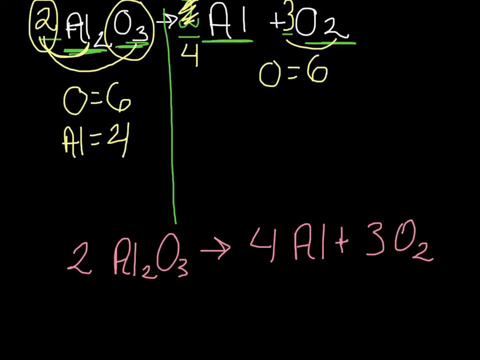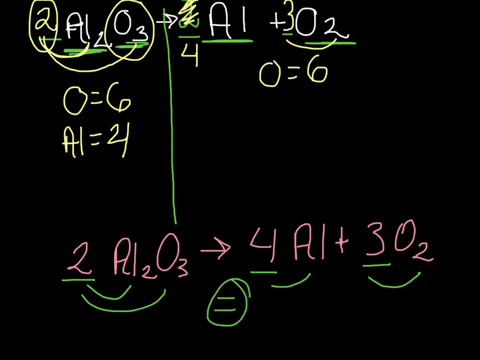Alright, so rewritten, less messy, it's going to be 2Al2O3, which produces or yields 4 Als and 3 O2s. So when we look at this, we can double check. We've got 4 aluminums here, 4 here, 6 oxygens here, 6 oxygens here. So this one is equal, and it is all balanced.